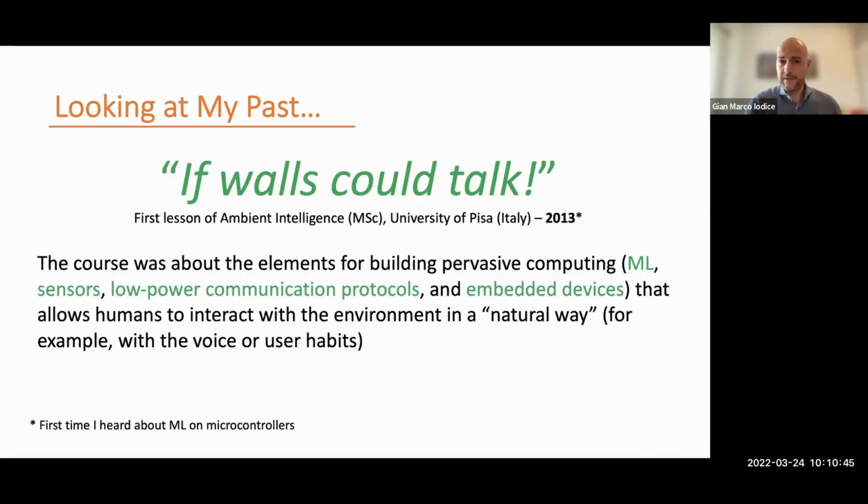If we think about it, smart assistants are a kind of thing we are trying to do with pervasive computing, where voice can be a natural way to interact with the device. Or in other contexts, user habits, for instance turning lights on and off, simply because the environment knows our behaviors. But I don't want to talk about ambient intelligence in this context.